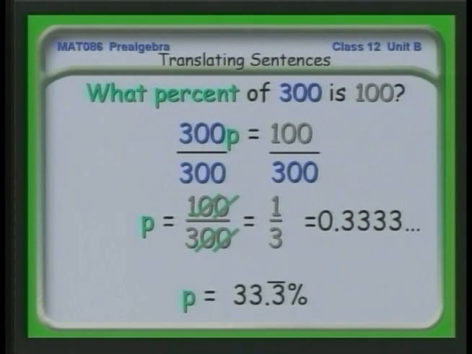If I change that to a percent, I move the decimal point 2 places to the right, and I finally find that P is equal to 33.333333%, or I can write that as 33 1/3%. My sentence then would become, in substituting the 33 1/3% in for what percent, 33 1/3% of 300 is 100.